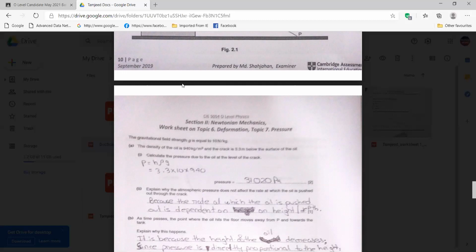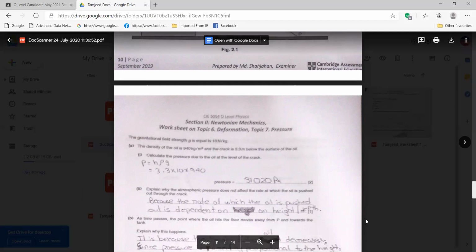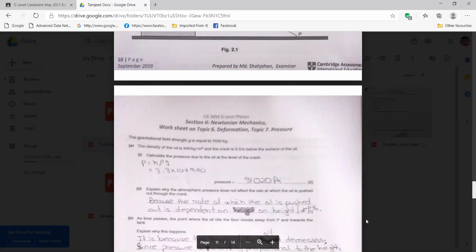Yeah, the rate at which the oil is pushed out is dependent on height or depth.